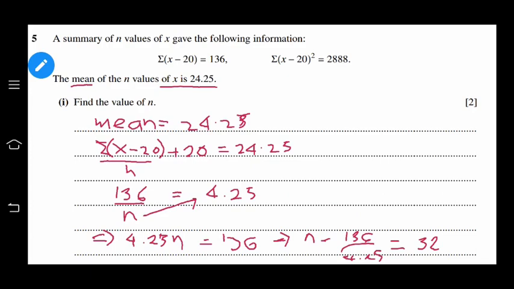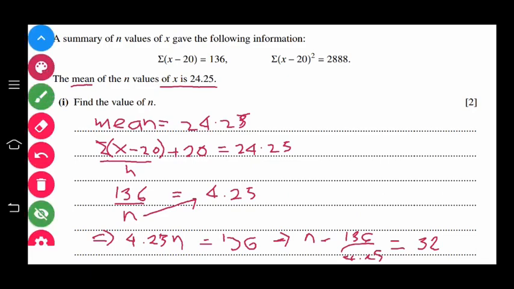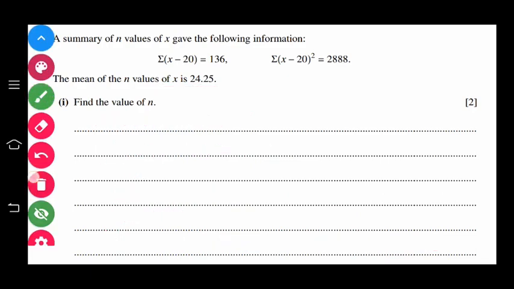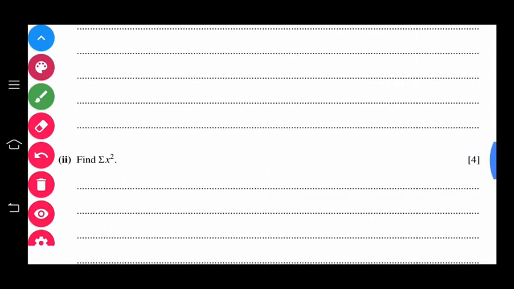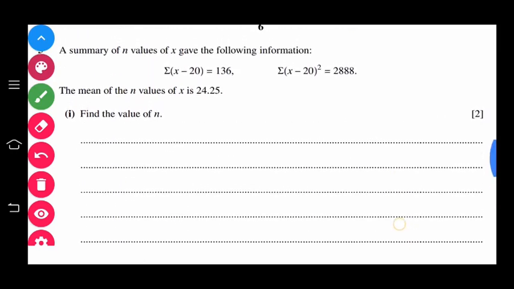Now let's go to the next question. We have to find sigma x squared. And you know, sigma x squared can be found using variance.